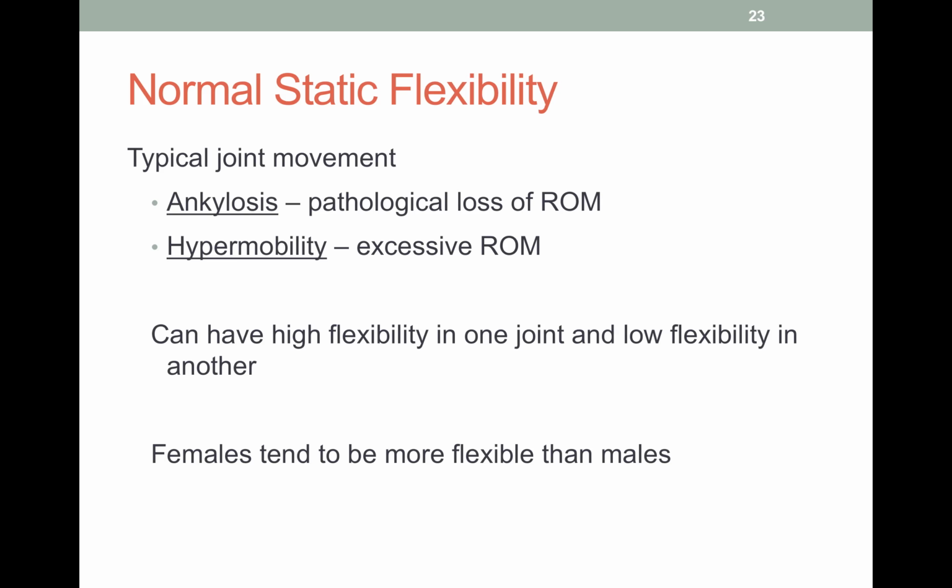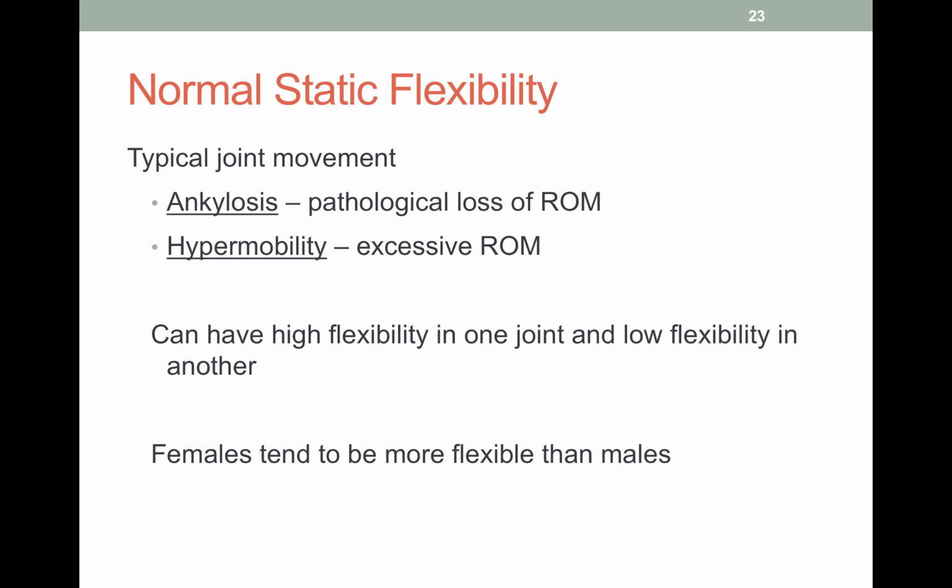And so quite honestly, this is what a lot of physical therapy is dealing with, is ankylosis, this pathological loss of range of motion due to some sort of injury or surgery or both. And so a lot of different practices are surrounding trying to increase range of motion or decrease ankylosis.